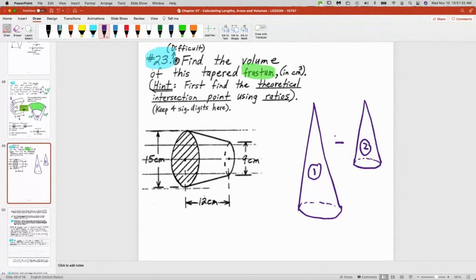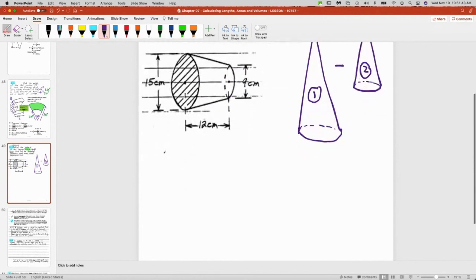But you might be wondering, how do we get some numbers to this? Because when you look here, we don't actually know the height. See that height there? So what we're going to do is use similar triangles. I'm going to draw something here underneath. It's a cross section of what the cone would have looked like if it was filled. We're going to put some numbers to it.